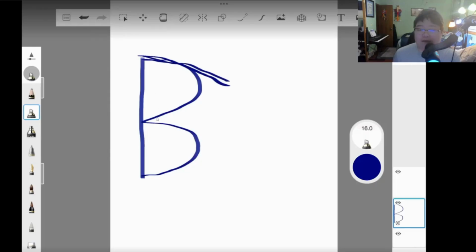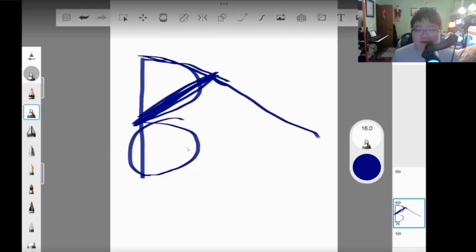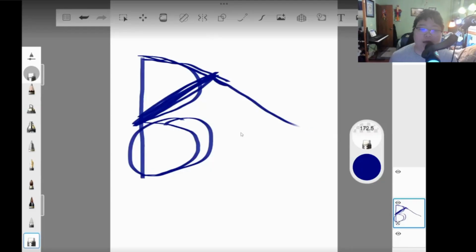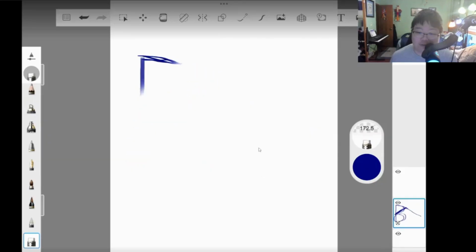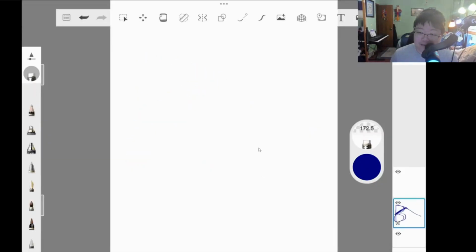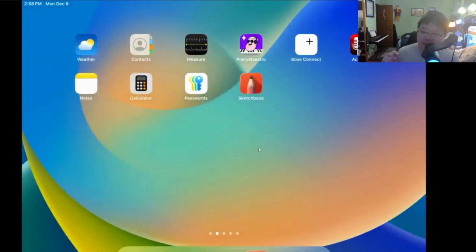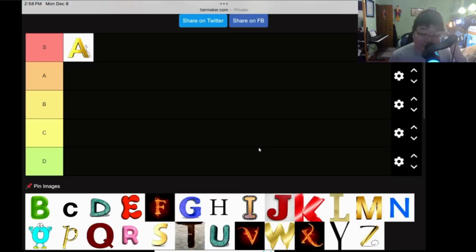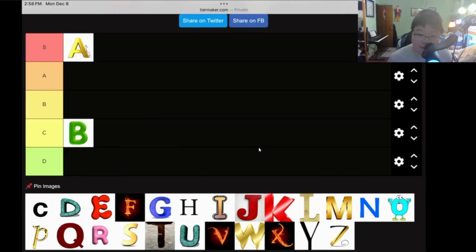And then you have to make a monstrosity of an A here, but then you still have this weird sack underneath it. But yeah, so just because of those flaws, and you can't really turn it into an A, I'm gonna put it into C. It's not the worst offender, but yeah, it's actually kind of pretty bad.